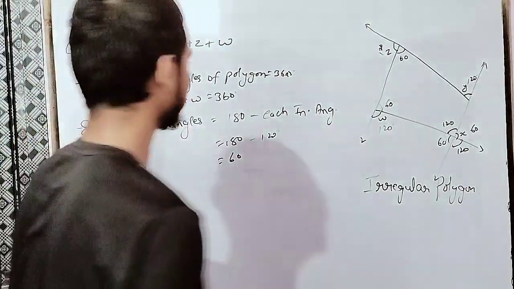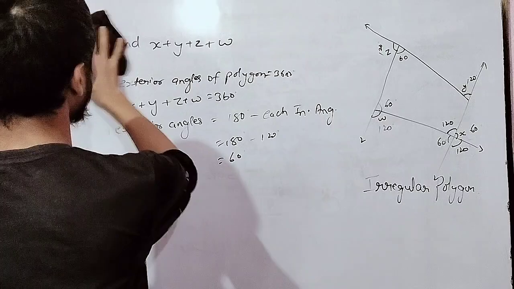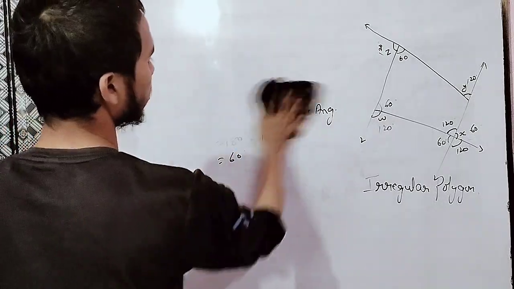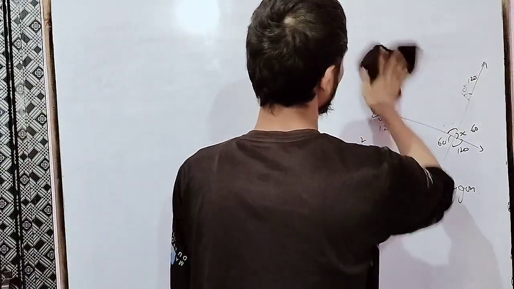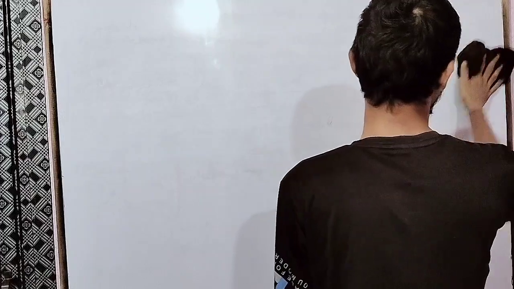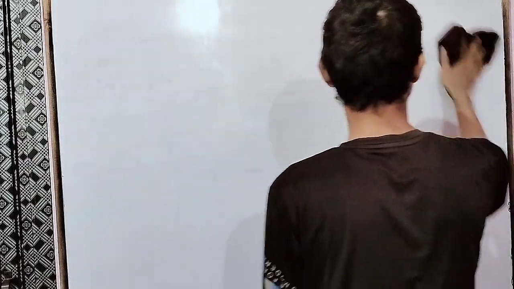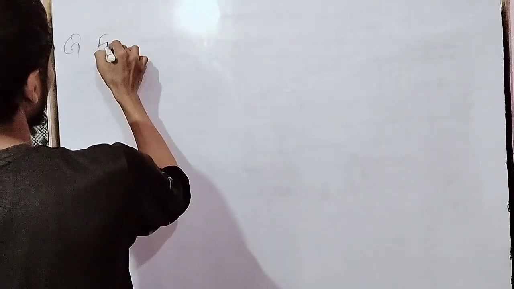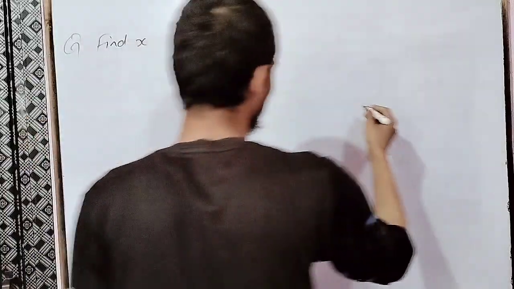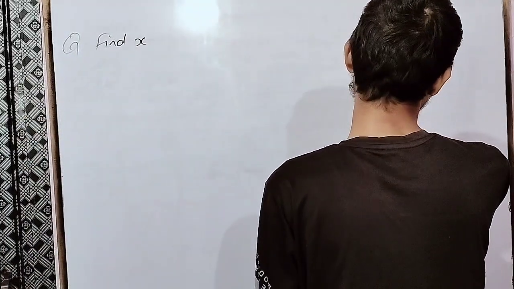Now I'm going to erase it. Find X. The diagram is like this.